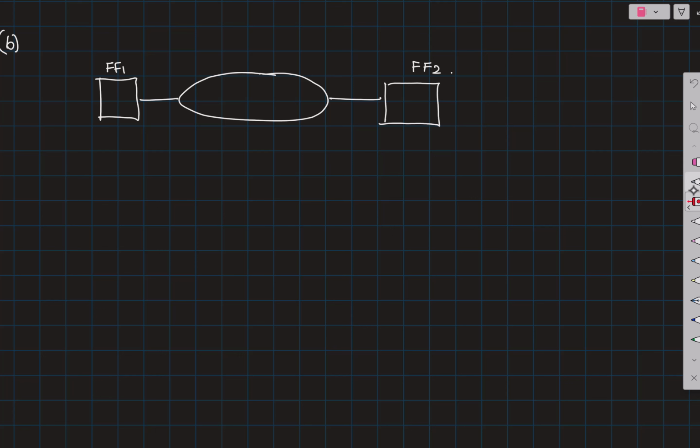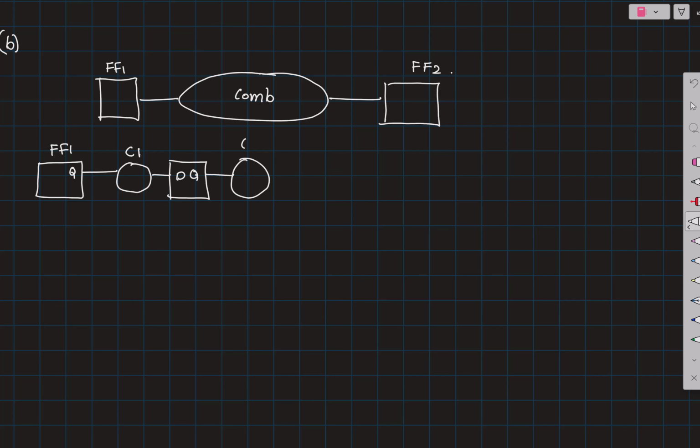We are concerned with the flops that we are going to introduce when we break this big combinational circuit into multiple smaller combinational circuits using pipelining. Okay? So what it means is you will have your FF1. It will go to a small combinational circuit followed by one of the flops we will insert. Next, you break down this big combinational circuit into multiple smaller modules and you will have this sort of an implementation.